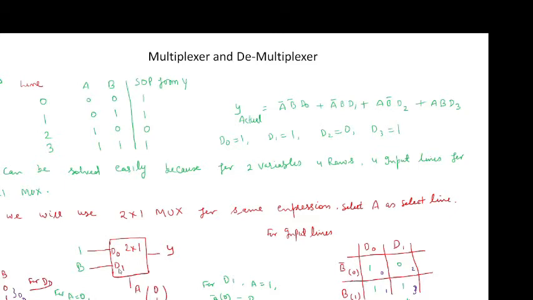So D1 is with A and D0 is with A bar. So here for D1 we will write A is equal to 1. So in the table you see that when A is equal to 1, it is line 2 and line 3.